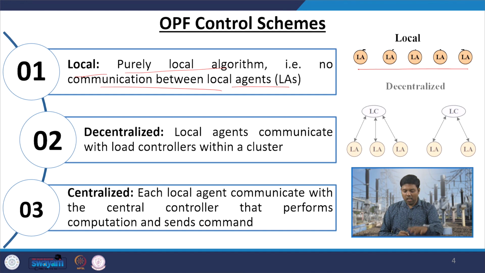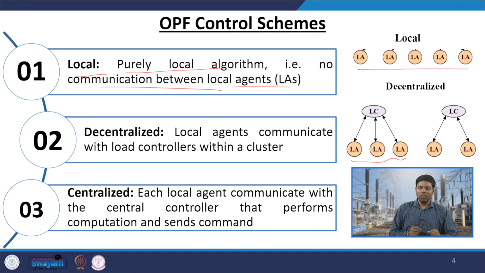Then if a few of the DERs or resources cluster together, they form an aggregator. Let us say these three clustered together and here is one local controller, and these two clustered together and you have a second local controller. The decision for these local agents, or LAs, is decided by their corresponding local controllers.